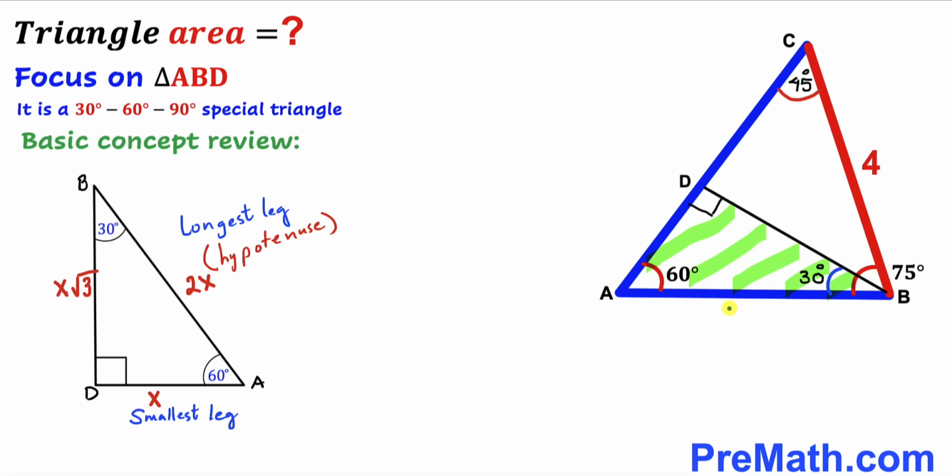Now let's revert our attention back to this problem. I'm going to label this smallest leg side x. Then the longest leg is going to be 2 times x, and this third leg is going to be x times the square root of 3.